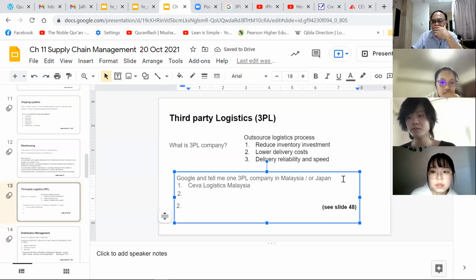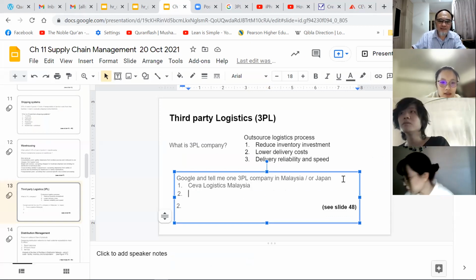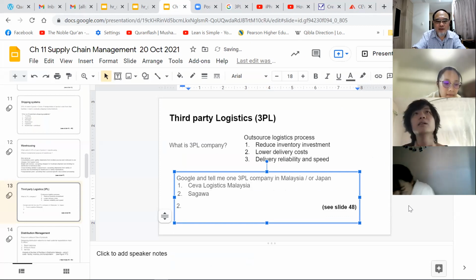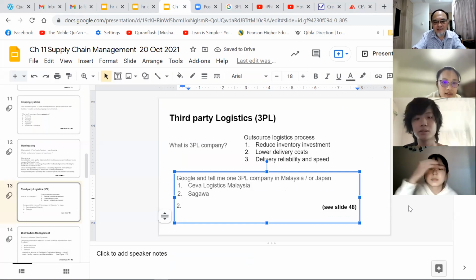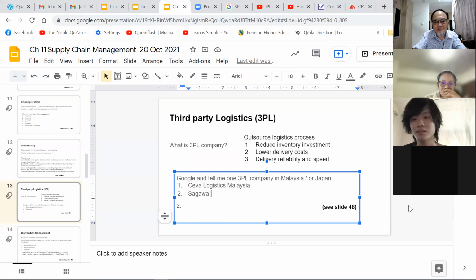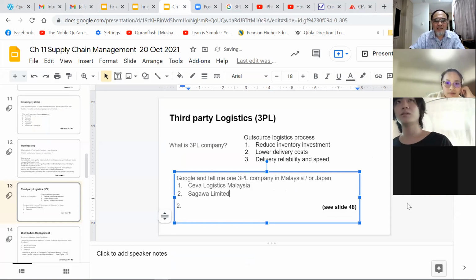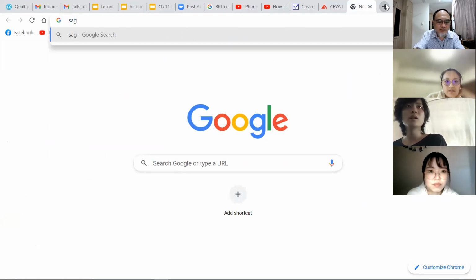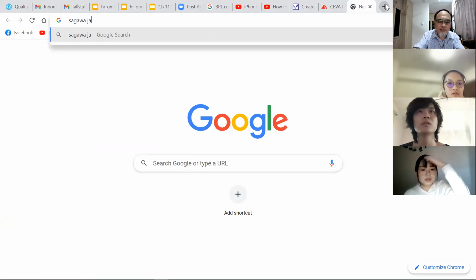Japan's logistics company, Sagawa. Sagawa, only Sagawa. Limited? So Sagawa is Sagawa, Japan.